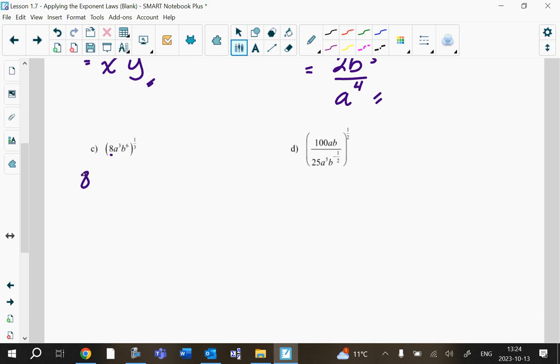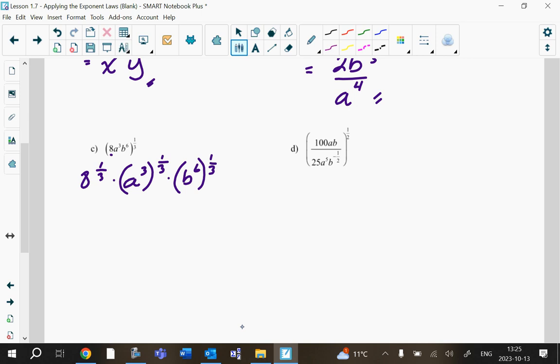So 8 has to be raised to the 1/3, times a to the 3rd, which has to be raised to the 1/3, times b to the 6th, which has to be raised to the 1/3. And the first one is not an exponent law. You're just evaluating. Remember how to do 8 to the 1/3.